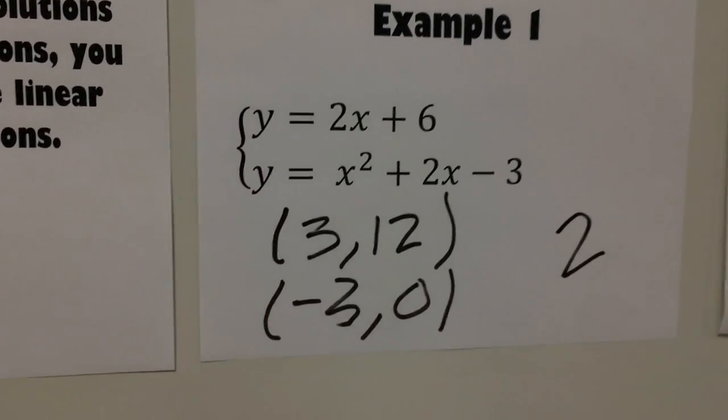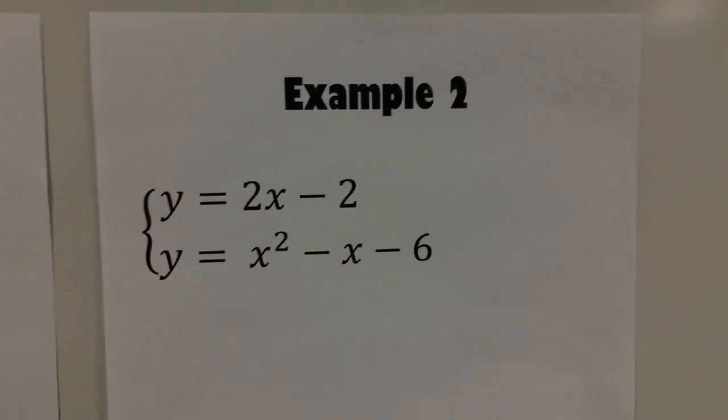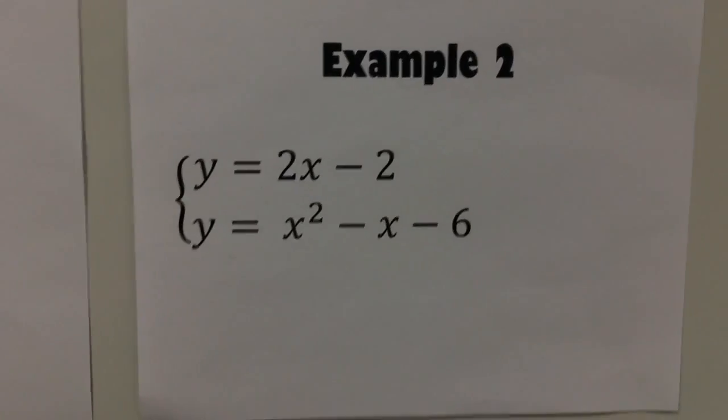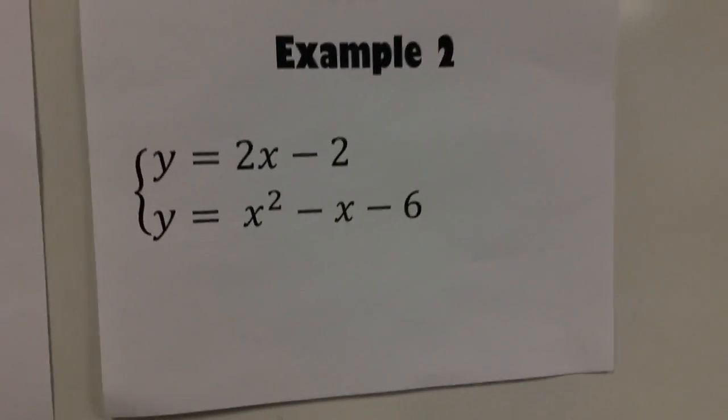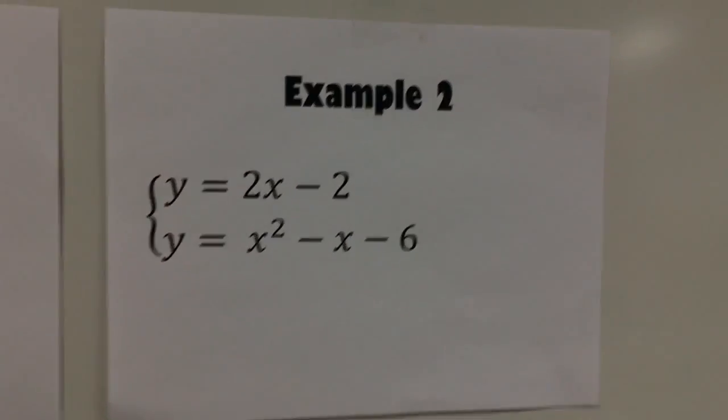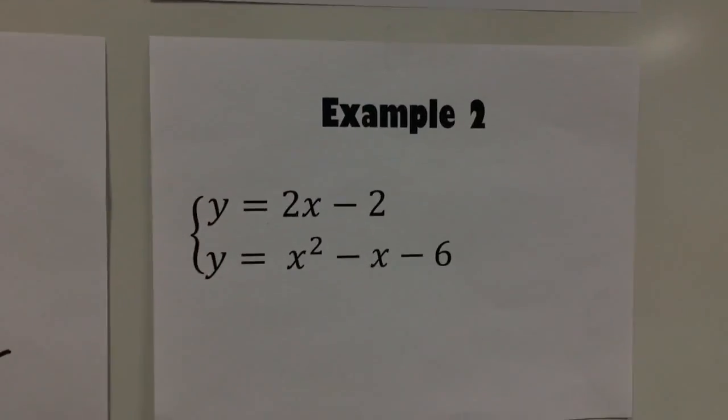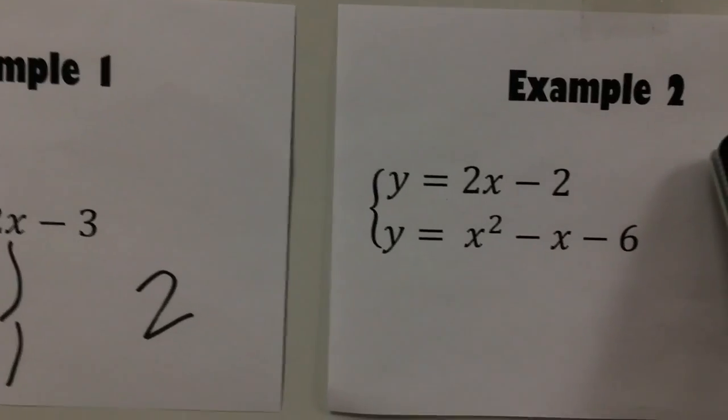And for the second example from the other questions, we got 2x minus 2 and x squared minus x minus 6. So you do the same thing and you type it into the calculator.